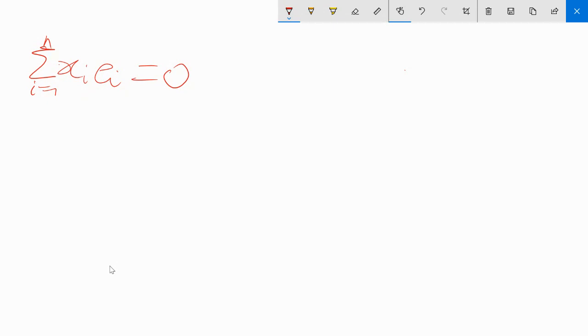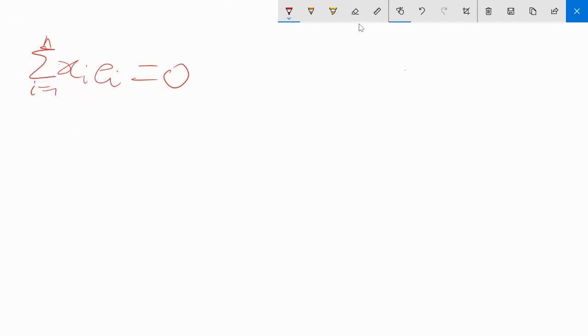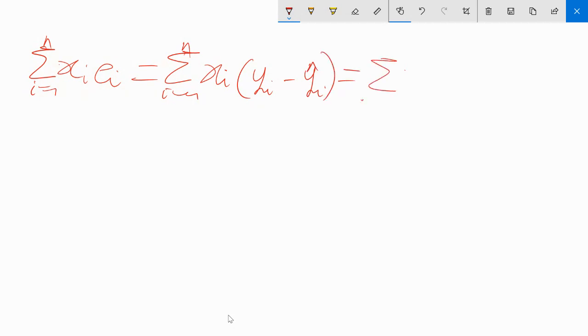So we're going to substitute here. Let me substitute here. So we're going to have summation of xi. I'm replacing e by yi minus yi hat, which is equal to, now I'm going to expand this.